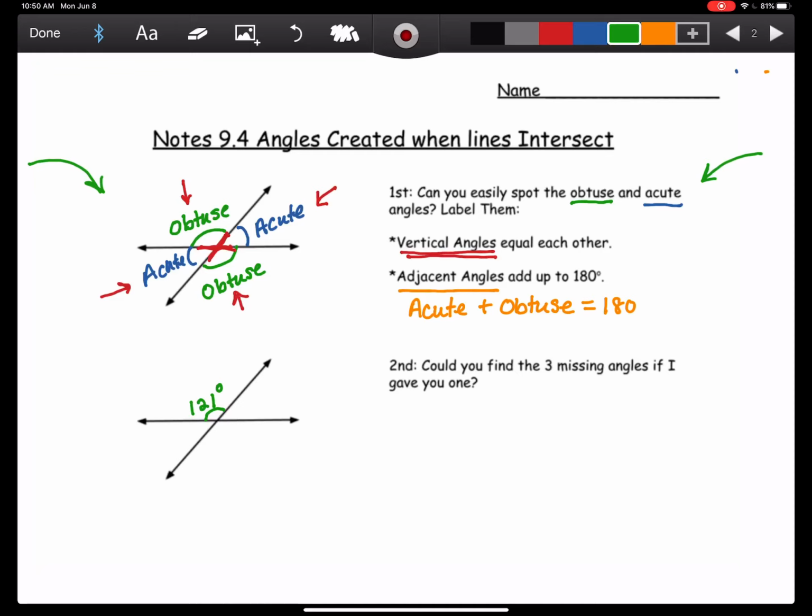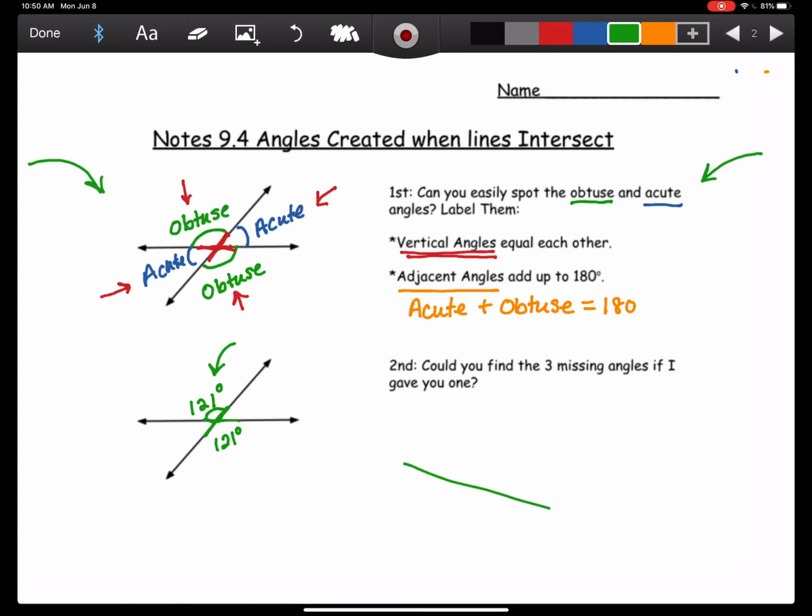all right, so what would it mean if this angle was 121 degrees? Well, since this angle is pointing to this angle here, okay, that means that this angle is 121 degrees as well. The reason for that is because they're vertical.